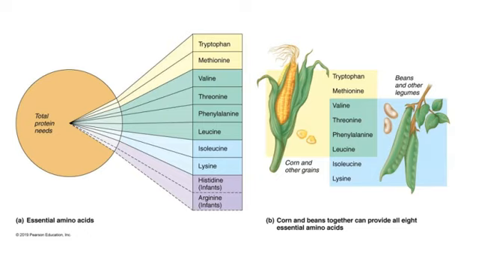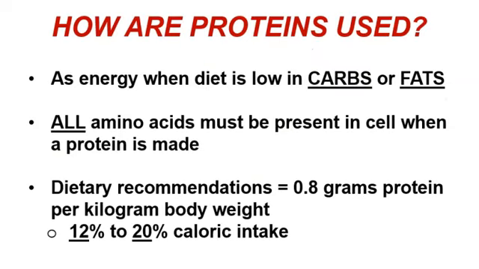Corn and grains provide roughly 6 of the 8 essential amino acids, however, additionally, beans and legumes will provide a different set of 6 essential amino acids. And by eating a combination of these plant-based foods, one can obtain all of the essential amino acids needed to fulfill their dietary requirements.